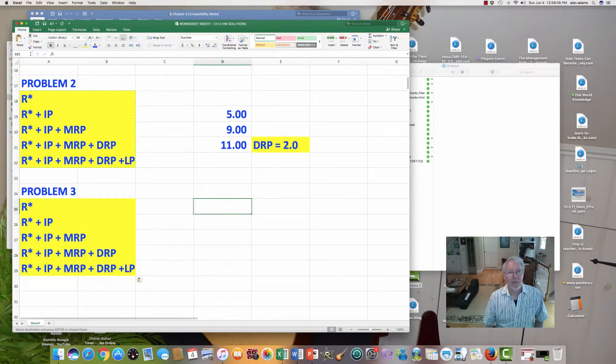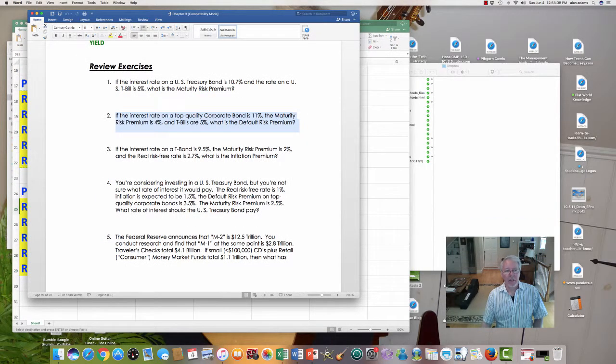The problem says the interest rate on a T bond is 9.5%. The maturity risk premium is 2. The real risk-free rate is 2.7. What is the inflation premium? All right, number 3.